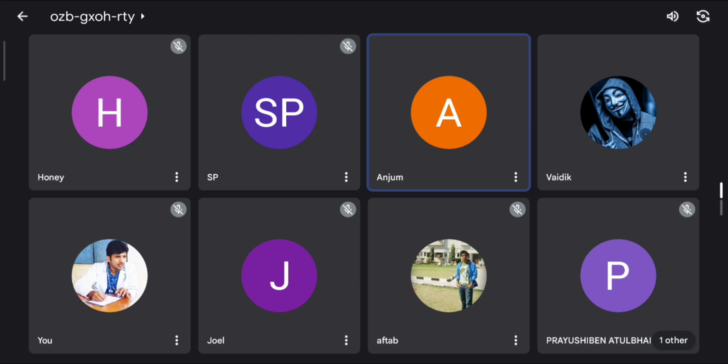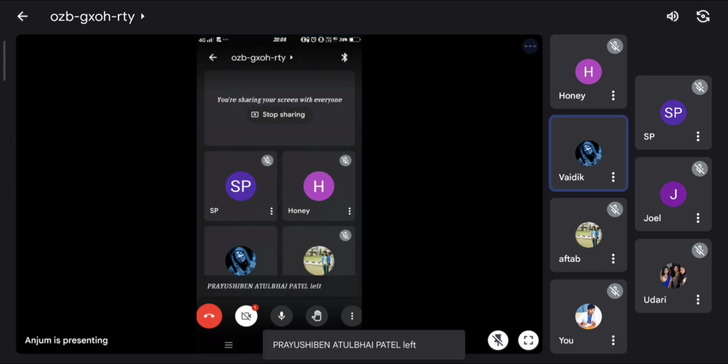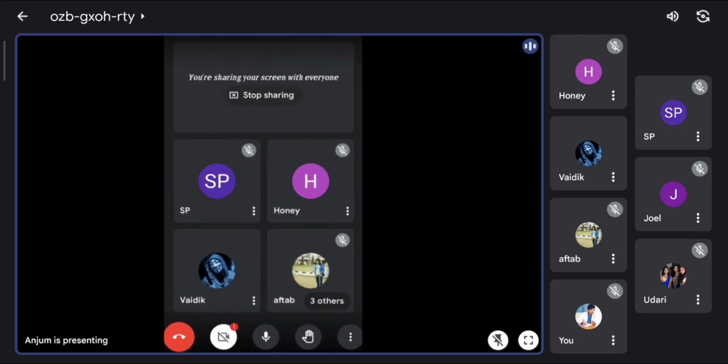Okay, so I'm sharing my screen. Pancreas. What is the pancreas? It is one of the organs of our body. It contains two types of tissue, exocrine and endocrine. So the cancer which develops will be either exocrine or endocrine carcinoma.